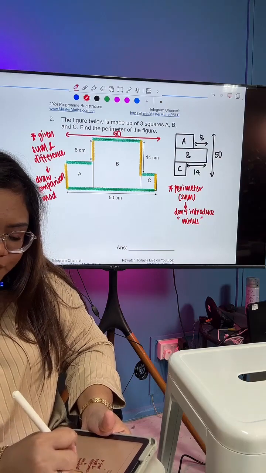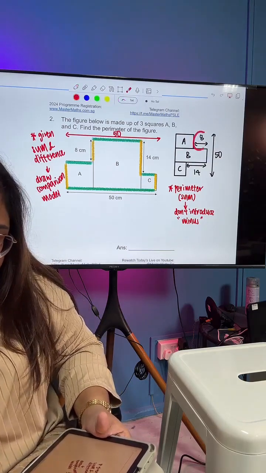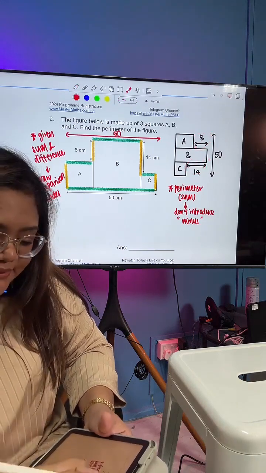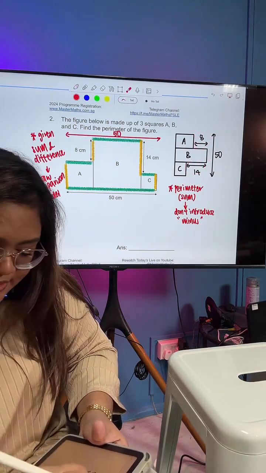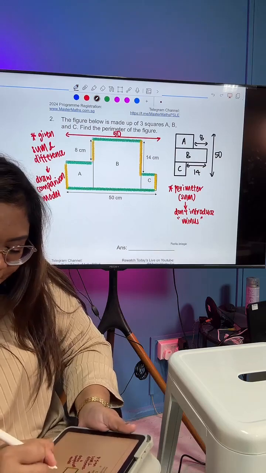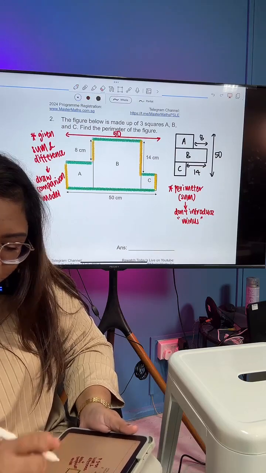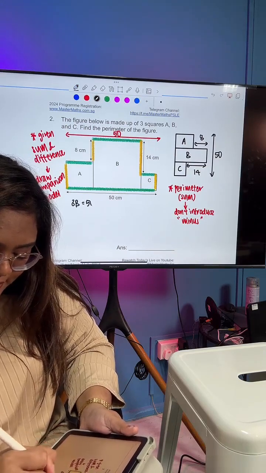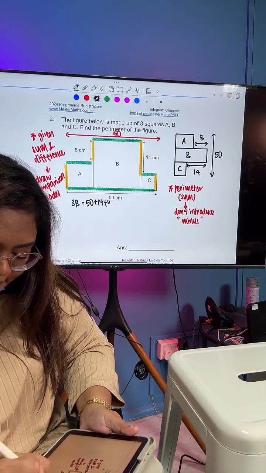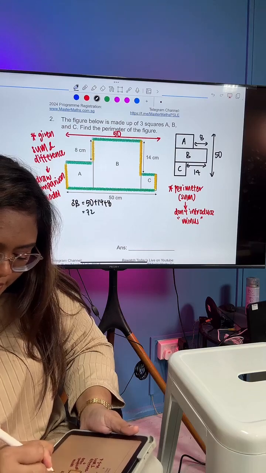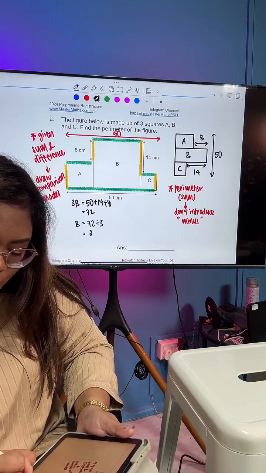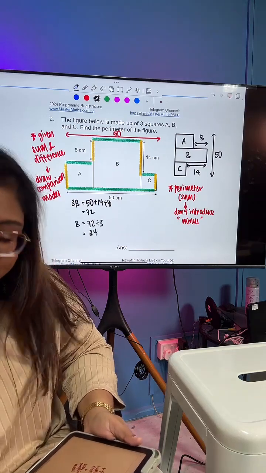Once we draw the comparison model, it is very easy for us to compare and find the things that we need. In this case, all I have to do is take 50 plus 14 plus 8 to give me 3 B's. 50 plus 14 plus 8 gives me 72, and therefore B will be 72 divided by 3 to give me 24. Can you understand?